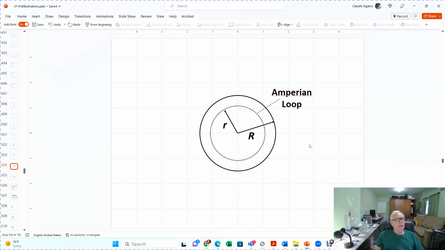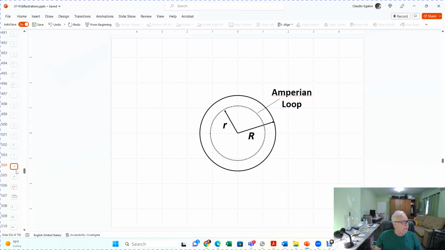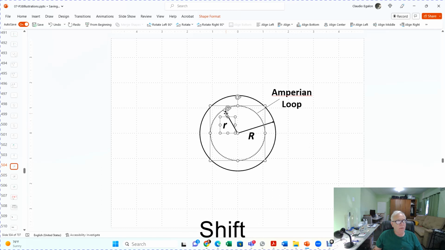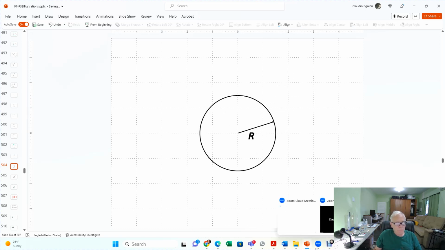We apply the same procedure. We choose an Amperian loop, and I'm going to make a view from the top, without this guy here. So we have a rod carrying a current uniformly distributed through this cross section.